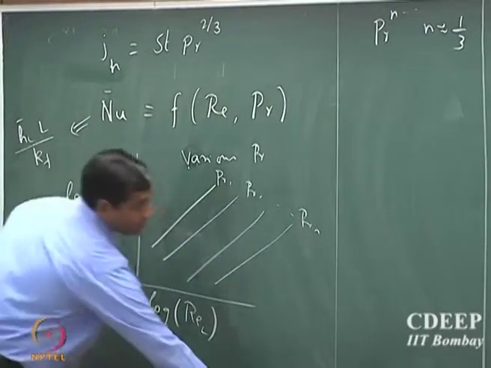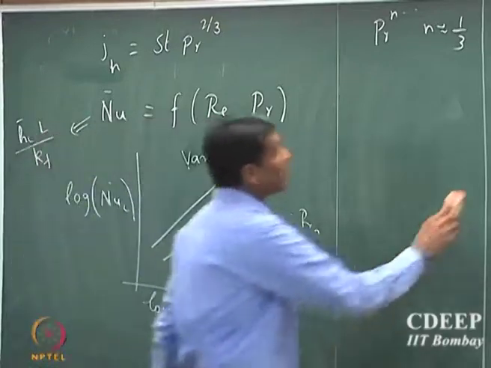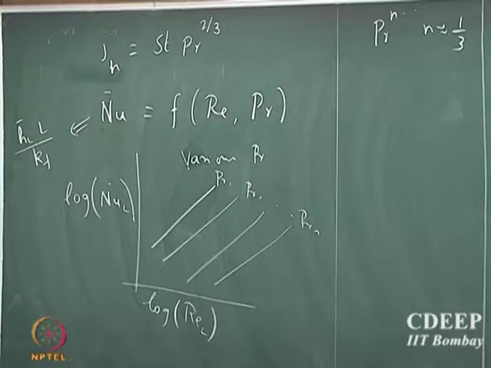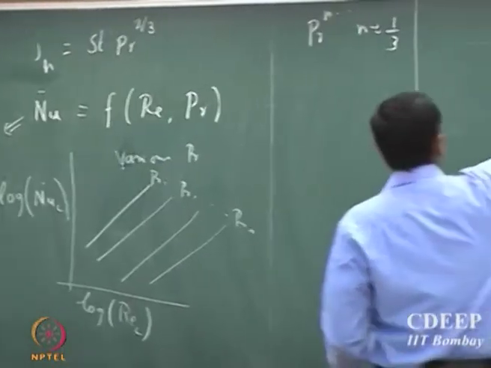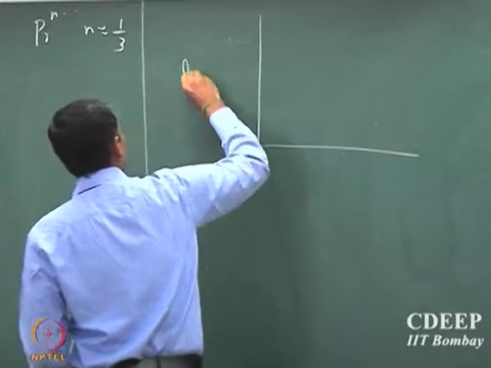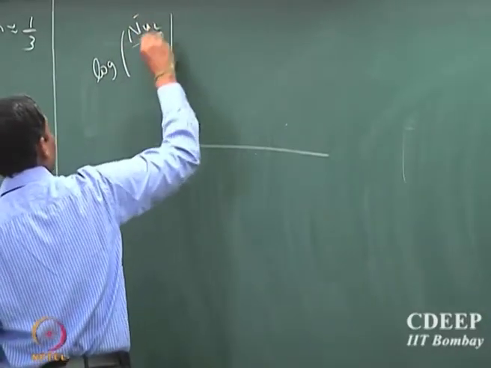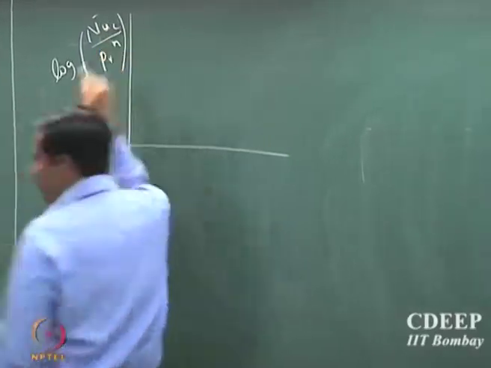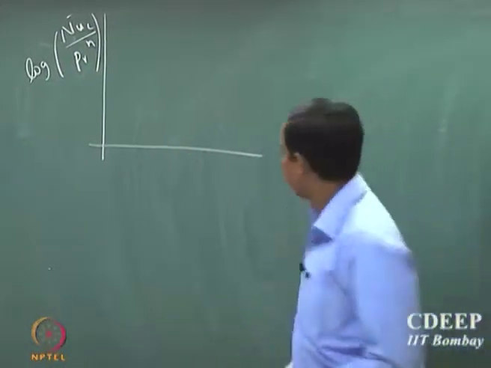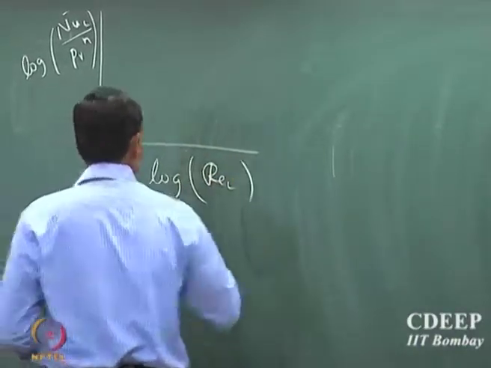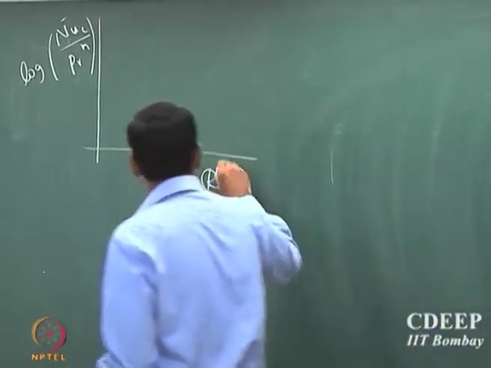And then they found that there is some correlation between Reynolds number and Prandtl number. So the next stage was they said, okay, let's look at log of Nusselt number by Pr to the power of n, we still don't know what the exponent is, versus log of Reynolds number, Reynolds number to the power of m.